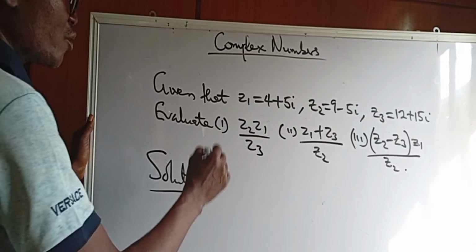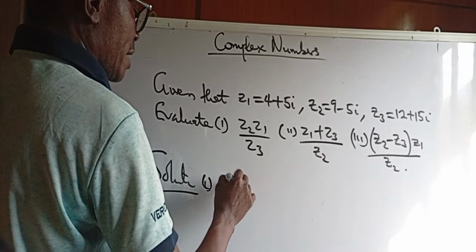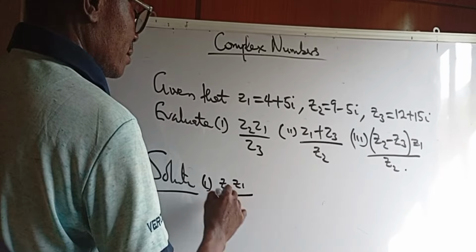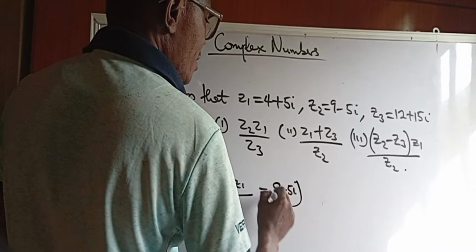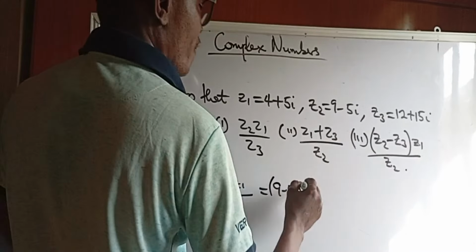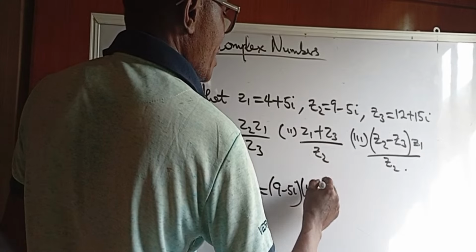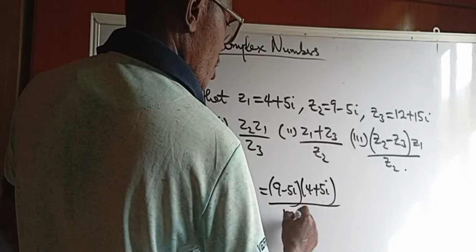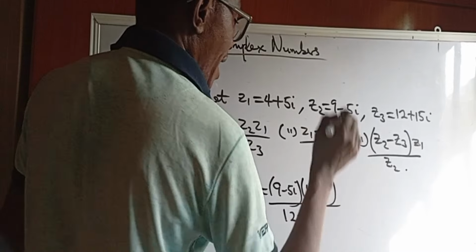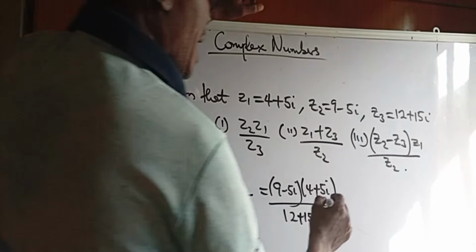Now, the first one is Z2 Z1 over Z3. So what is Z2? 9 minus 5i multiplied by Z1, 4 plus 5i all over Z3, 12 plus 15i. Okay, so let's multiply out.